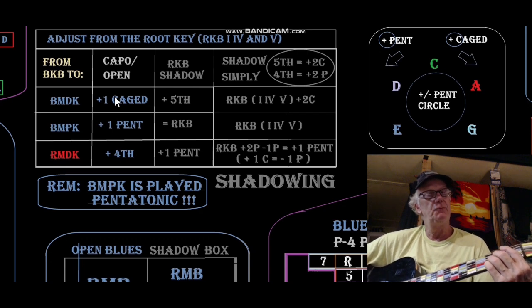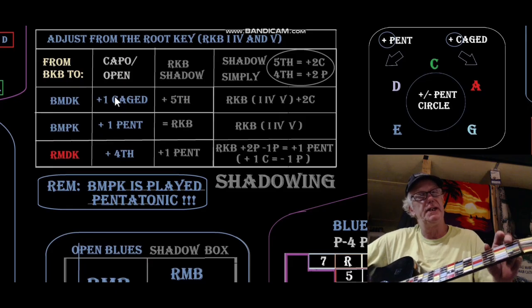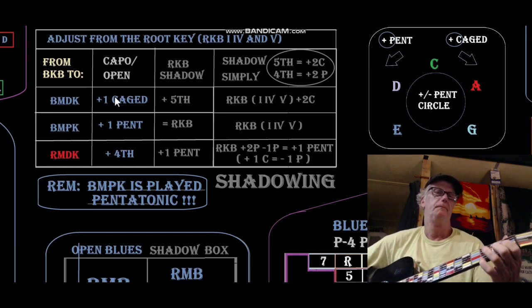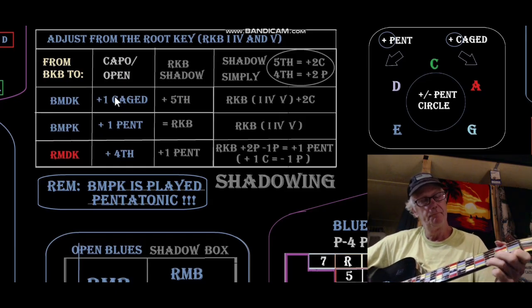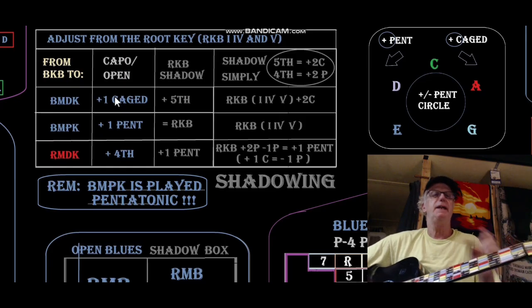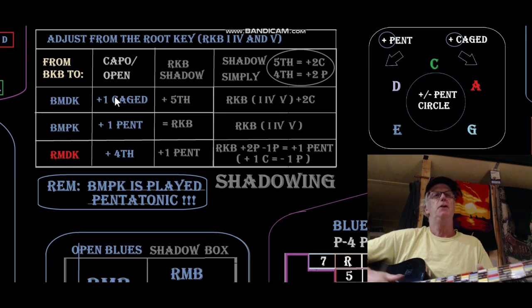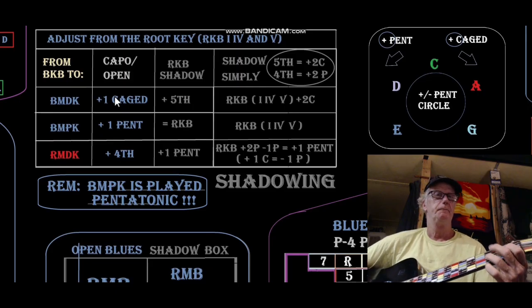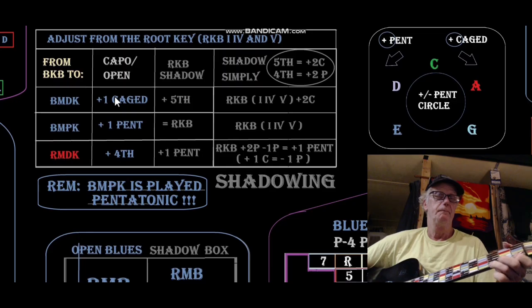Okay, and then we're playing that diatonic scale, the A diatonic scale there. We did this before, right? The A-shaped diatonic scale. Remember, the A-shaped pentatonic scale, the A-shaped diatonic scale.